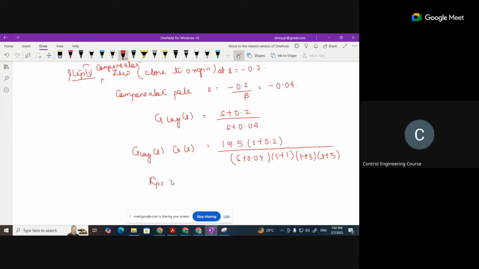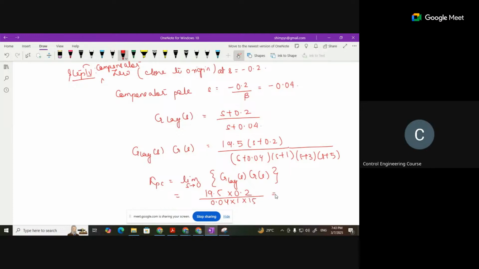So, Kp compensated is the limit as S tends to 0, which is G of S for the lag compensator times G of S, and it will come out to be 19.5 into 0.2 divided by 0.04 into 1 into 15.